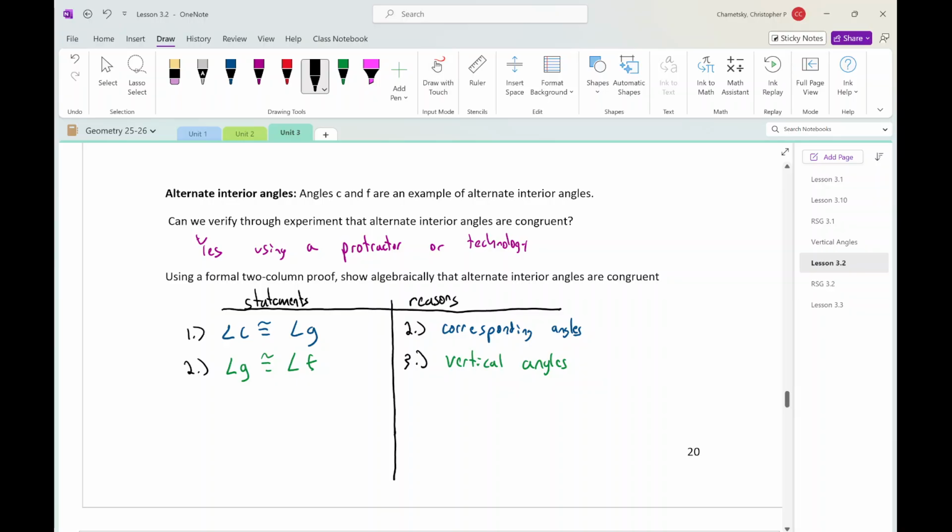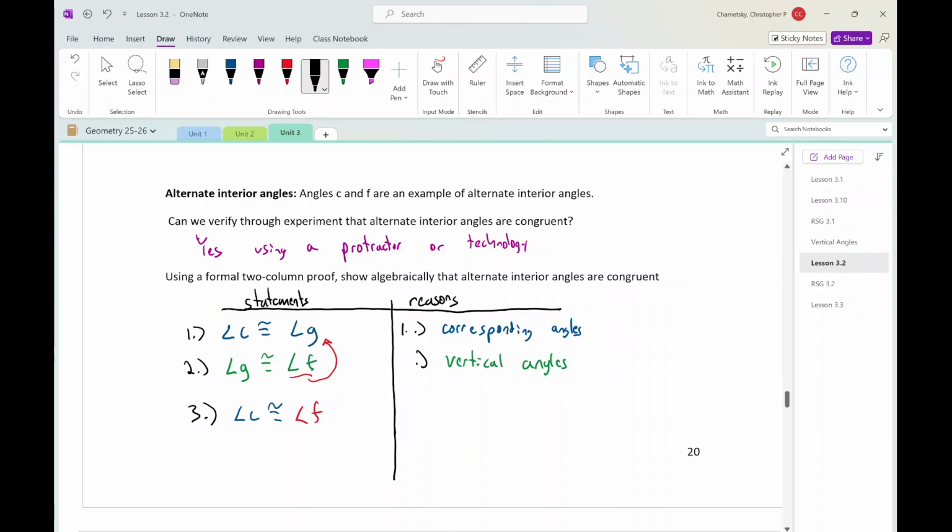Okay, algebraically, if C is congruent to G and G is congruent to F, well, I can make a substitution here. I can substitute angle F in for angle G, and my final statement would be angle C is congruent to angle F. Wrong numbers here, sorry.